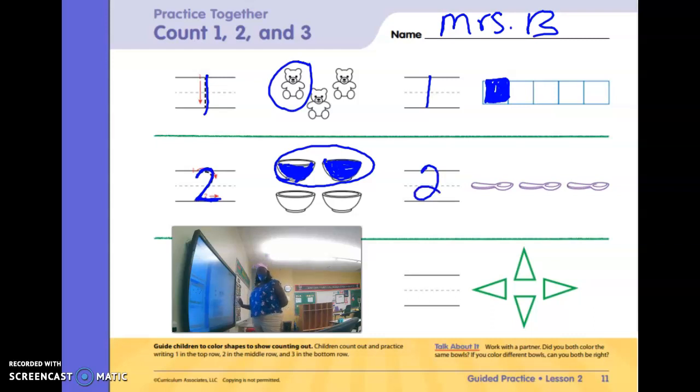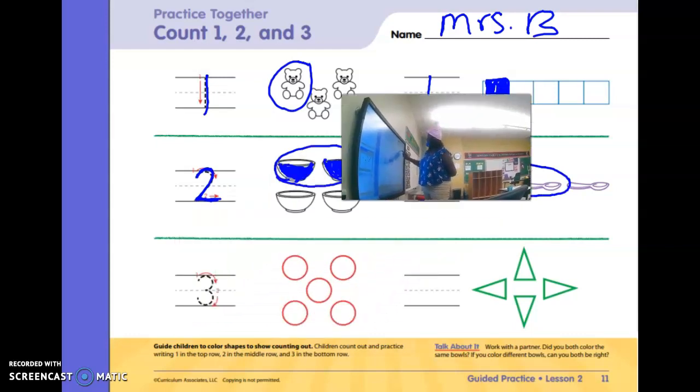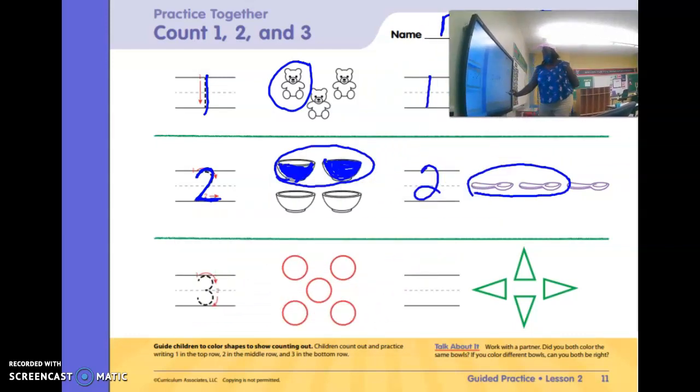Okay, how many spoons? 2. Let me move the camera. Number 3. 1, 2, 3, 4, 5. Too many. So how many we're going to circle? 3.